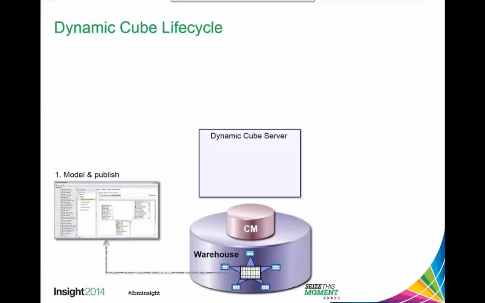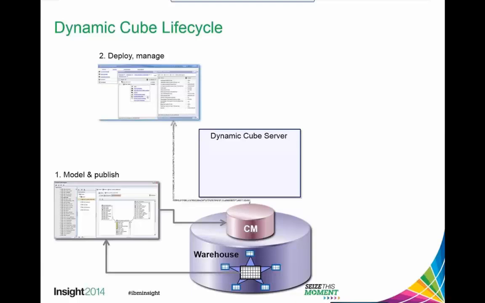And a quick review of the dynamic cube lifecycle: it starts out with the warehouse, and you have your star schema. You go into Cube Designer, where you do your modeling of your dynamic cube, publishing that cube information, the model, to Content Store, where it stores the metadata and the model.